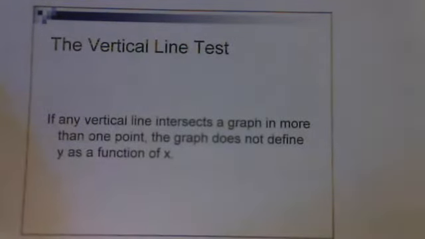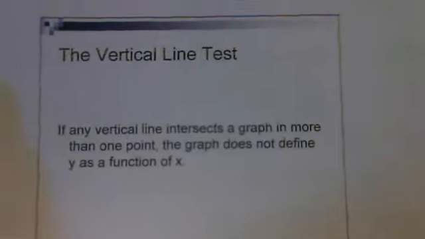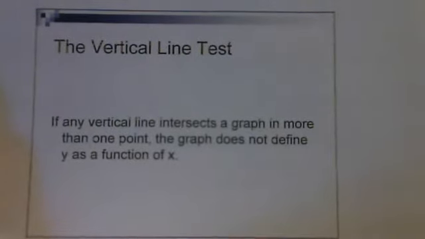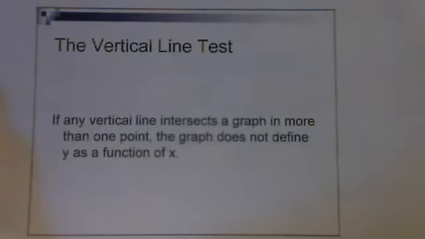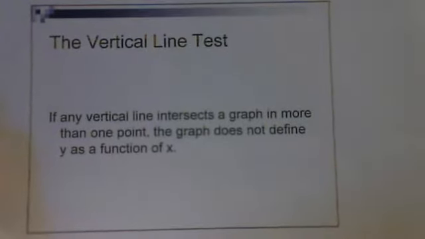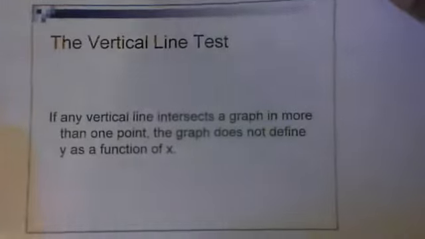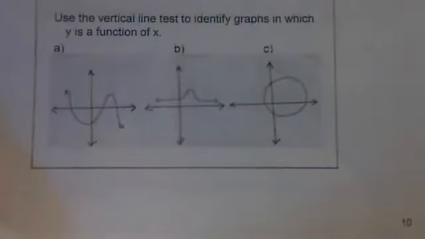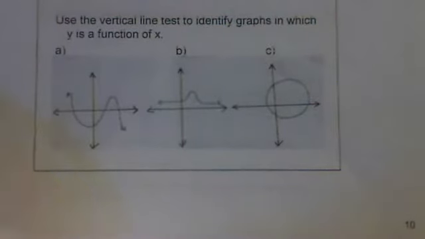If any vertical line intersects a graph in more than one point, then that graph will not define y as a function of x. So if the vertical line passes the graph at more than one place, then that graph will not be a function. If you look at these 3 examples here, we can easily use that vertical line test to determine whether or not those graphs represent a function.